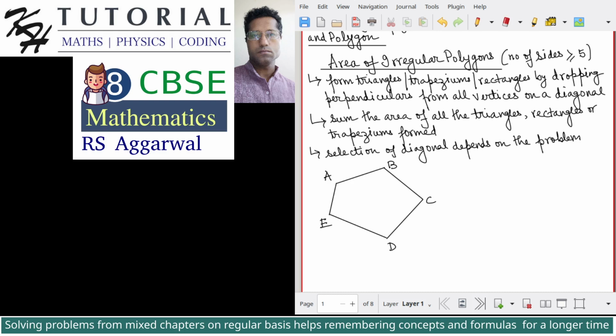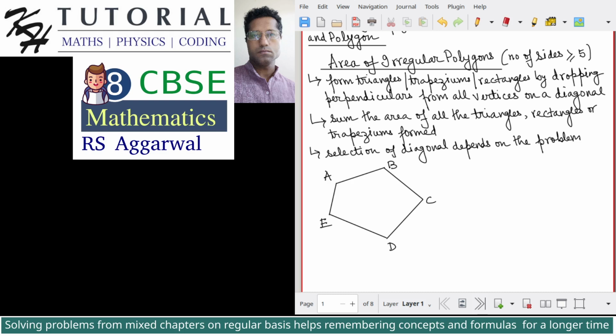In the given problem, the dimensions will be very specific. That is, in the given figure, the diagonal will be already mentioned, using which you have to find the area. So the selection of diagonal depends on the given problem.